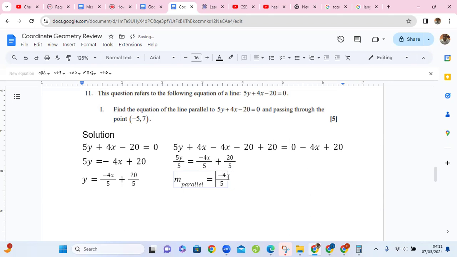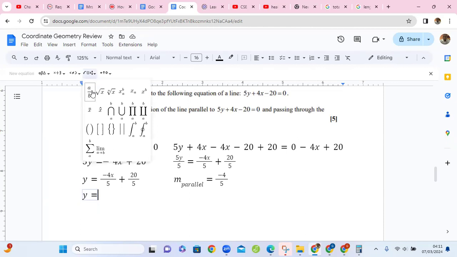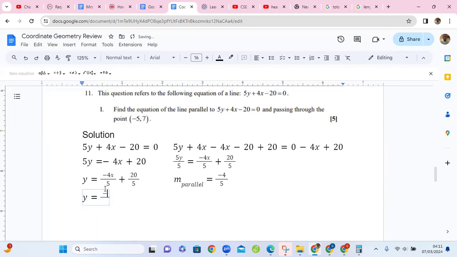A little bit ahead of my time. So we're going to use this gradient and the point to complete the equation of that parallel line.